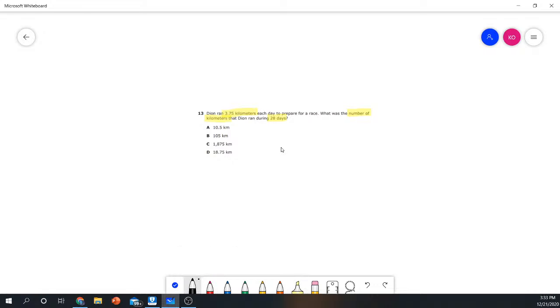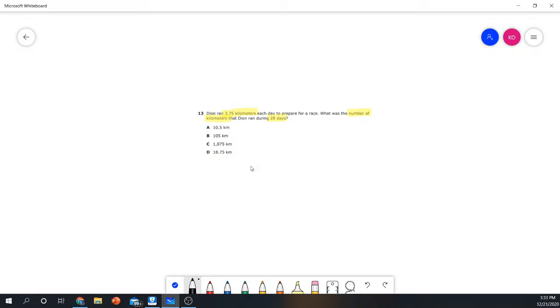Okay, so basically what the question is saying is that Dion ran 3.75 kilometers each day, and we want to figure out how many total kilometers he ran in 28 days. So for this kind of problem, we're going to have to use multiplication, and more specifically multiplying 28 by 3.75.